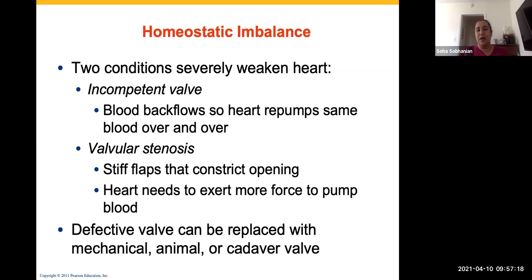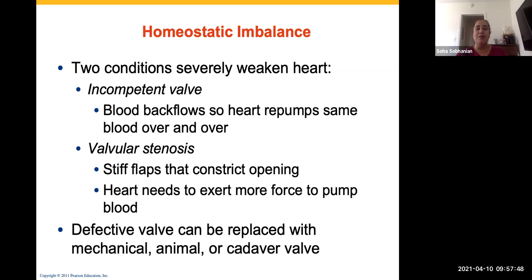Interestingly, for maybe 40 years now, it's been relatively routine to go in and remove the defective valve. They have the option of replacing it with a mechanical one, one that comes from an animal, typically a pig, or a cadaver valve.